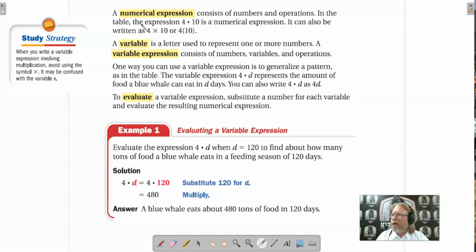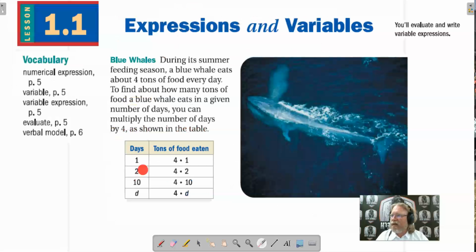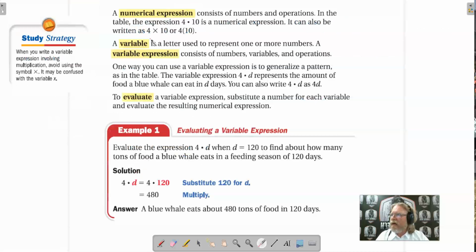In the table that we looked at back on this first page, the expression 4·10, and this dot is a multiplication sign, and there's a reason for that. As we see here in the study strategy, when you write a variable expression involving multiplication, avoid using the symbol X, that symbol that you used in the past, like in grade school, when you said 3 times 4 or 10 times 6.